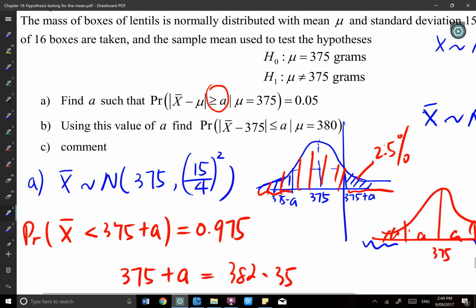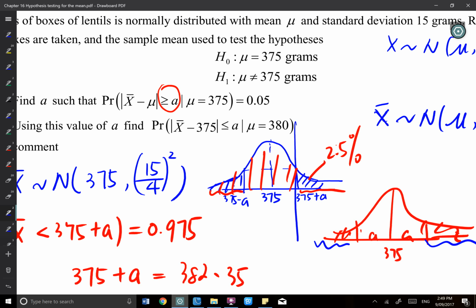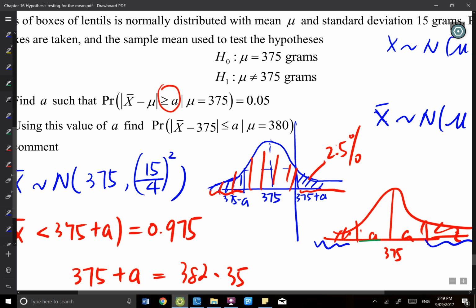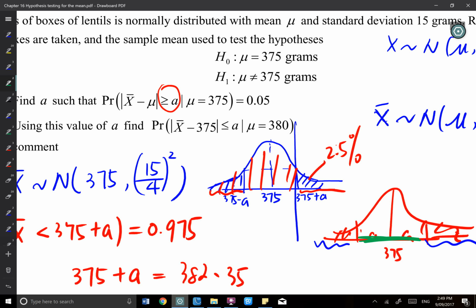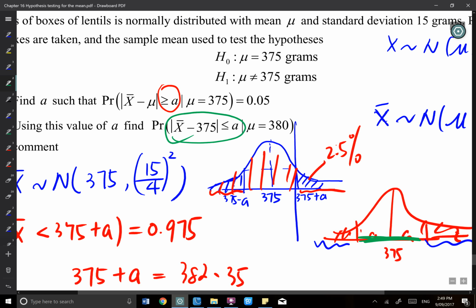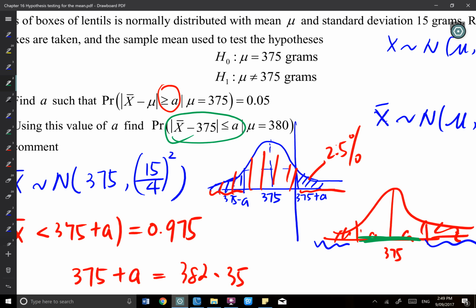And now the second one says X bar minus 375 is less than A. Should I reject it? No, I shouldn't reject it because the value I get is the inside one, which is greater than 5%. So what does this sentence tell us about the hypothesis?